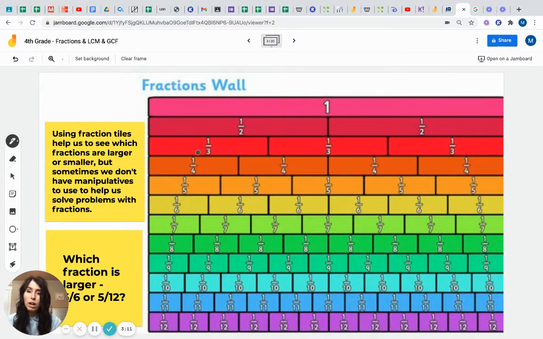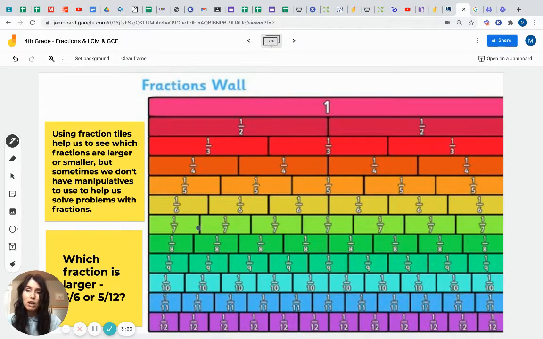And the only problem with using these types of fractions would be we don't always have them with us. Our manipulatives are usually found in our classroom, and every day around us, we don't have access to those manipulatives.